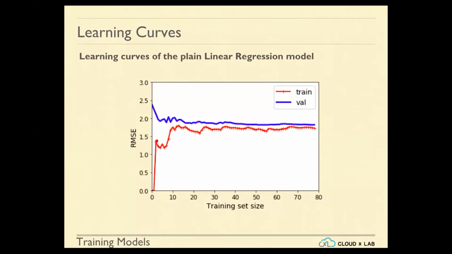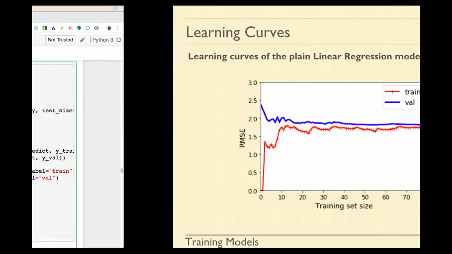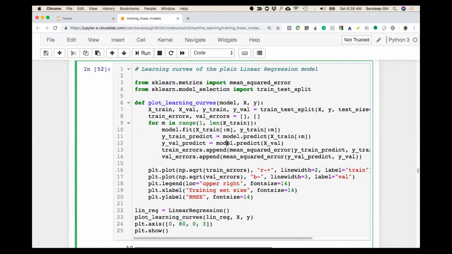It means that it is sort of overfitting. So this way you can see that in the beginning, when the training set is smaller, it is overfitting, but as the training set keeps increasing, it's not overfitting anymore. Okay, so that's what we have done here, and let's just walk through it.